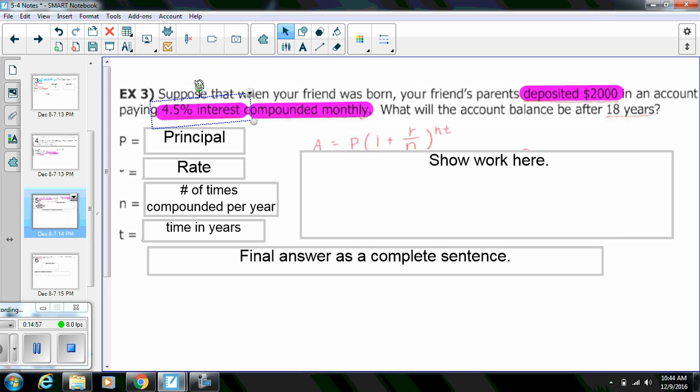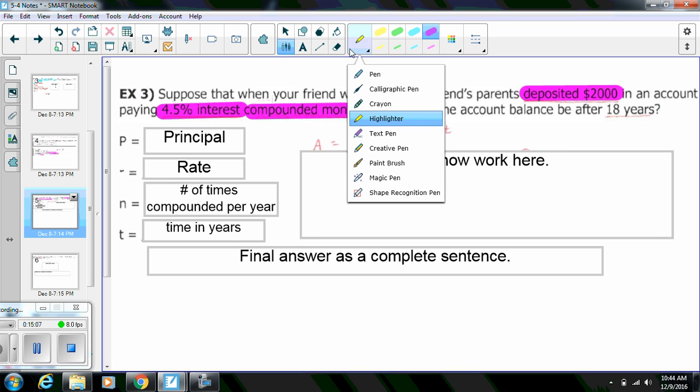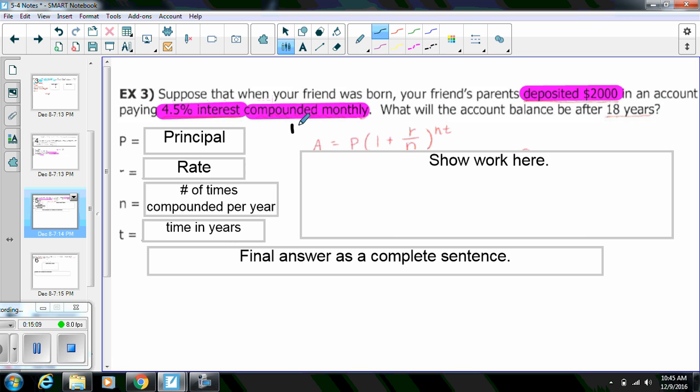The equation is based in years, but they're talking compounded monthly. So if I compound it monthly, how many times a year is that? Well, that's 12 times. We have 12 months in a year. So compounded 12 times. And we want to know the balance after 18 years.